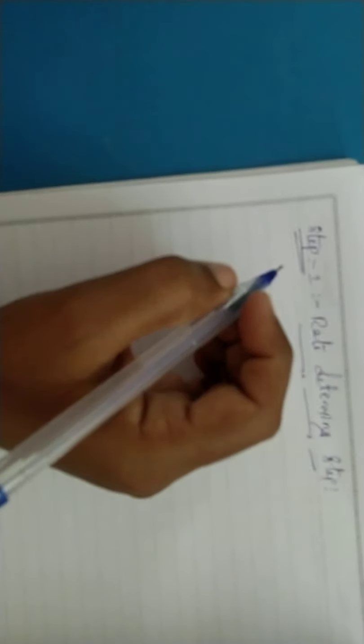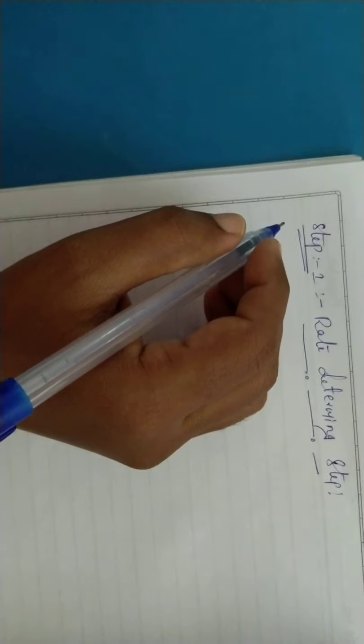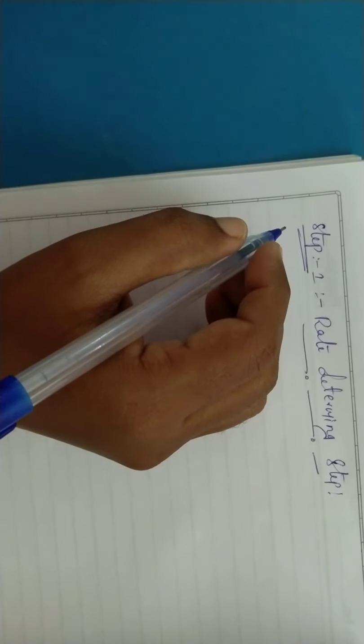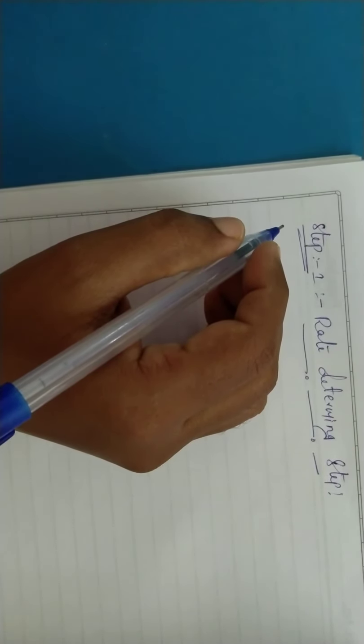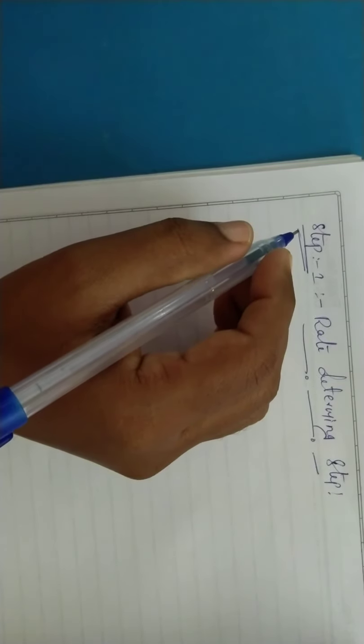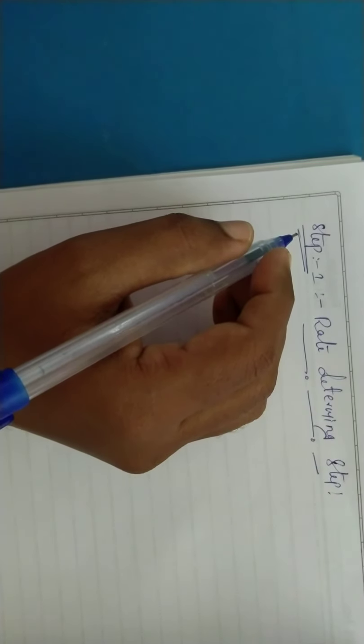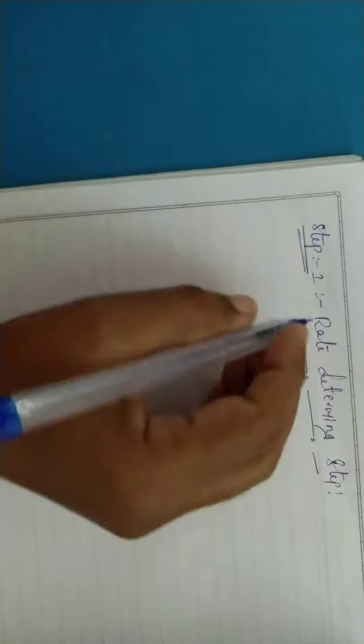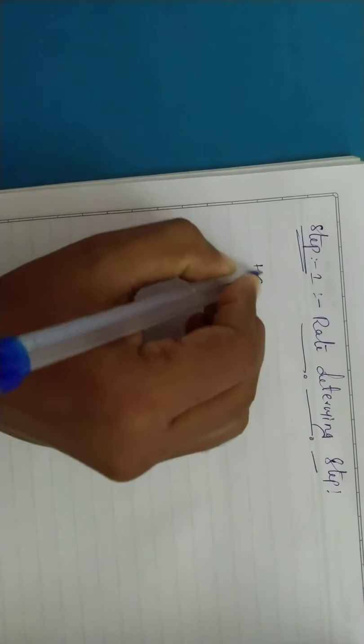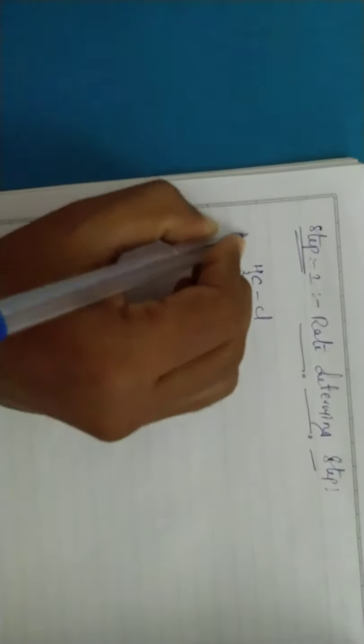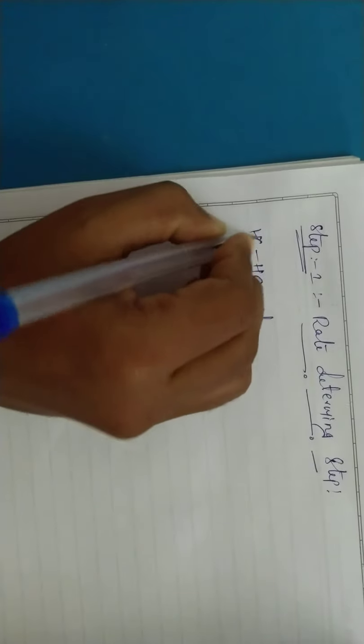Another important point is that we have primary alkyl halide, secondary alkyl halide, and tertiary alkyl halide. I hope you all remember the primary, secondary and tertiary which I discussed in yesterday's class. What is primary?